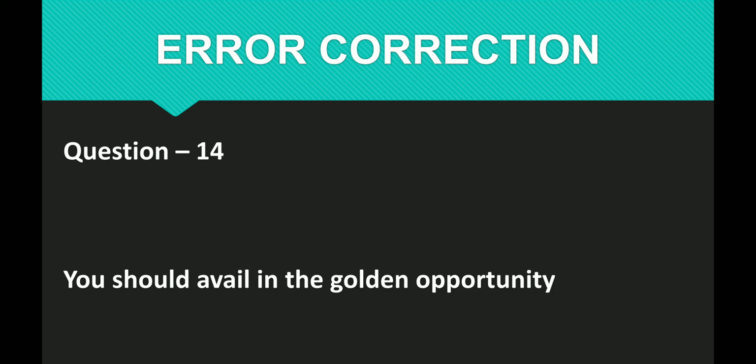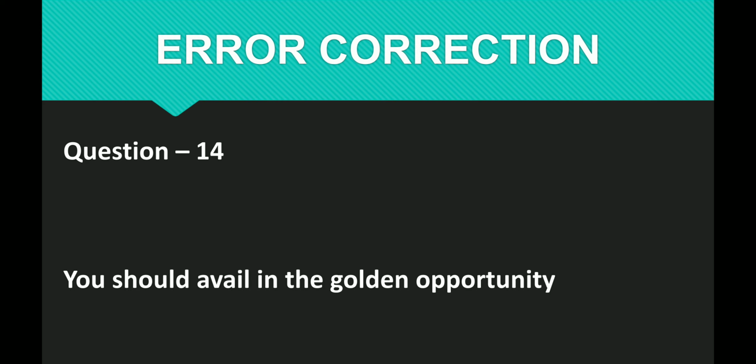Avail plus reflexive pronoun must be used. You can ask, so how can we use the reflexive pronouns? Look at the subject. You is there. For you, the reflexive pronoun must be yourself or yourselves. If it is he in the subject part, I would have used himself, she, herself, they, themselves, just like that.